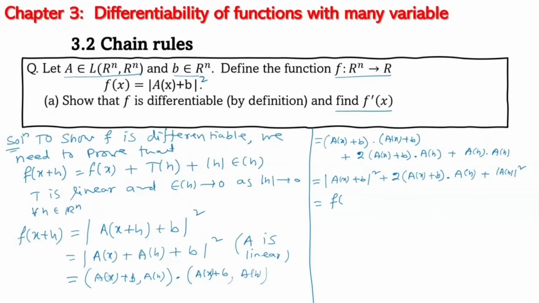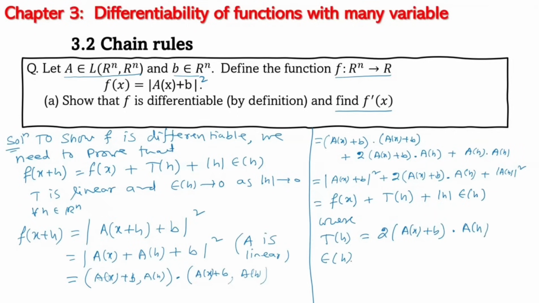The first term is the given function f of x, the second we denote as t h, and the last one we write as absolute value of h times epsilon h, where t h is equal to 2 ax plus b dot ah, and epsilon h is equal to mod of ah whole square over absolute value of h.